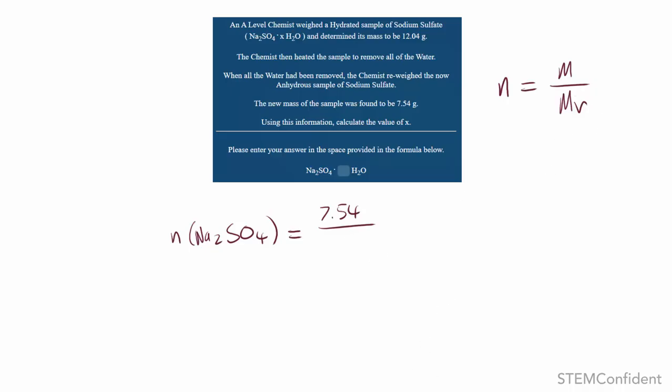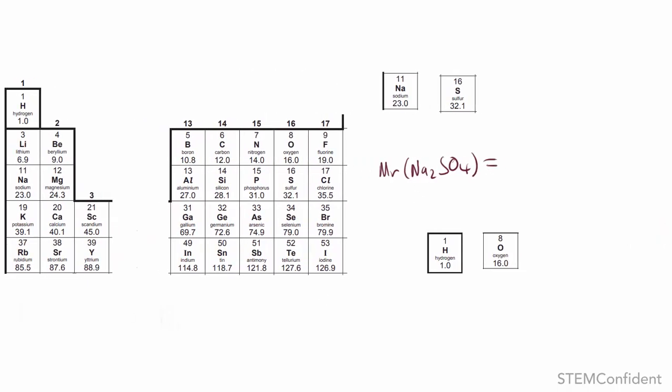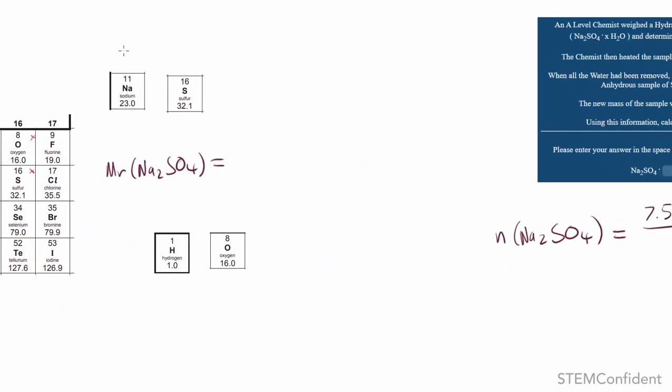So I need to work that out. So this is for Na₂SO₄. So the molar mass Mr for Na₂SO₄, right? And so I've got some excerpts from the periodic table here. What's relevant is sodium, sulfur, and oxygen, right? Na₂SO₄. So what's that going to give us?